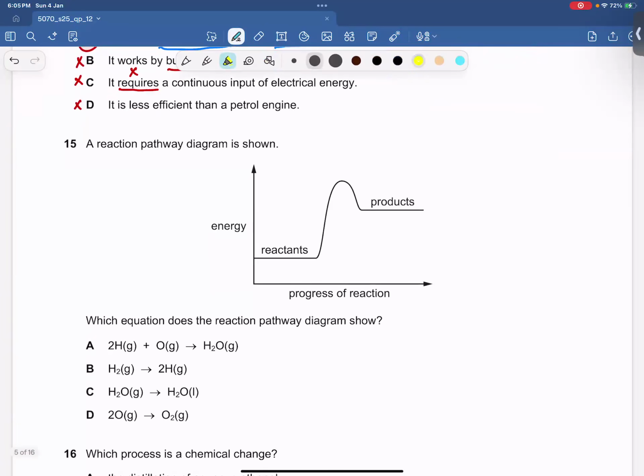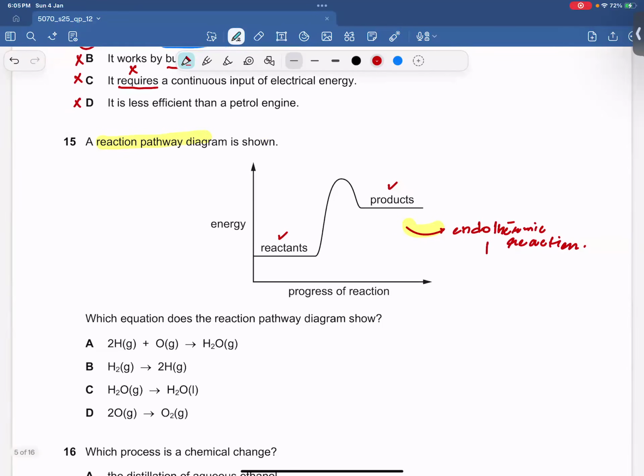A reaction pathway diagram is shown, and that diagram shows the energy of product is greater than that of the reactant, which means it is an endothermic reaction. In endothermic reaction, the energy of product is greater and the energy of reactant is lower.